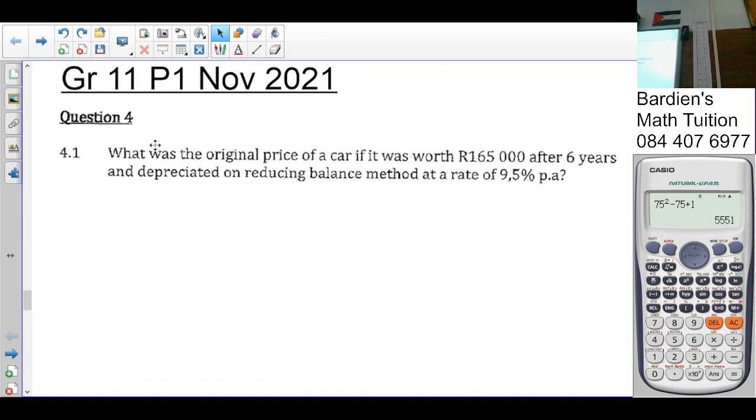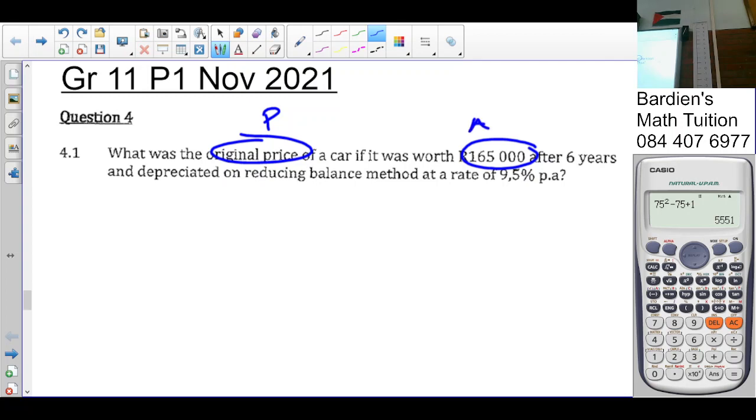Question 4. In question 4 we are told, what is the original price of a car if it was worth 165,000? So we're going to calculate P here. If the car is worth 165,000 after 6 years and depreciates on the reducing balance method. So A is equal to P into 1 minus i to the exponent n.